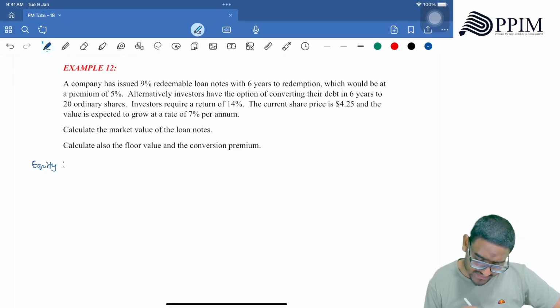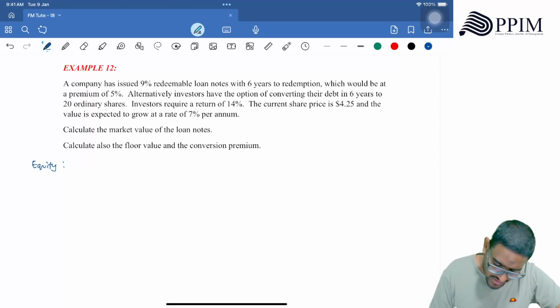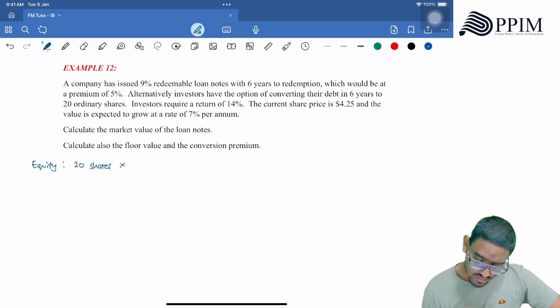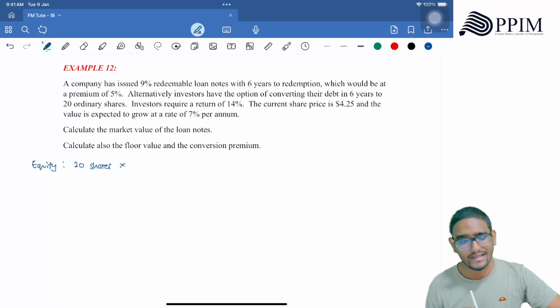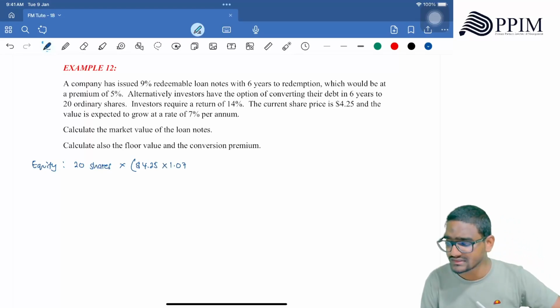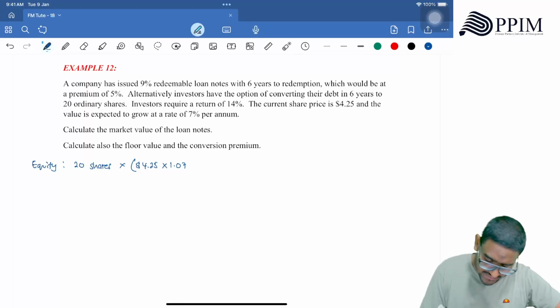As per the question, you're going to get 20 ordinary shares at what price? 4.25, growing at 7% each year. For how many years? 6 years.